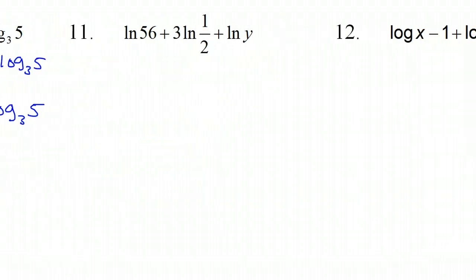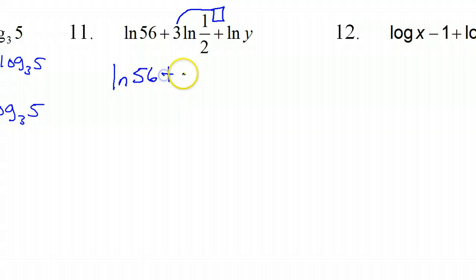Okay, number 11. Let's see, any coefficients that have to be put as exponents? Yes. This 3, first thing I'm going to do is put that as an exponent. So that would make natural log of 56 plus natural log of 1/2 to the 3rd power plus natural log y.